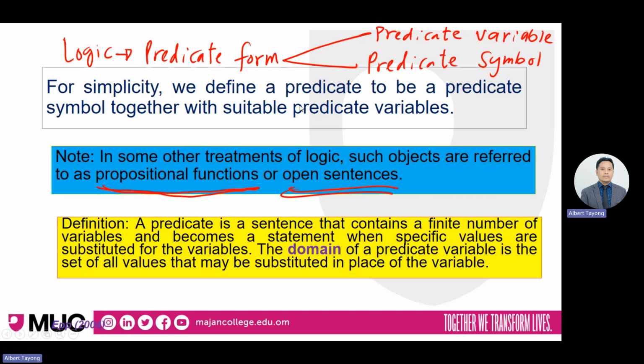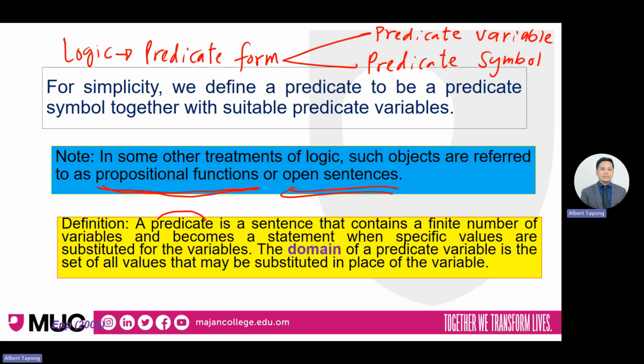So a predicate is a sentence that contains a finite number of variables. This is in logic, because in grammar, in English, it's a little bit different, although the concept is the same.